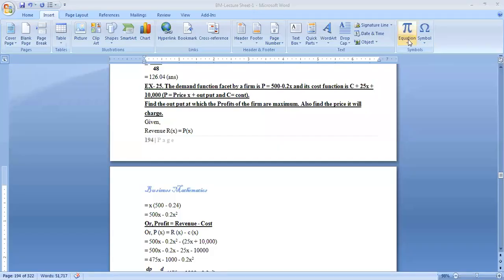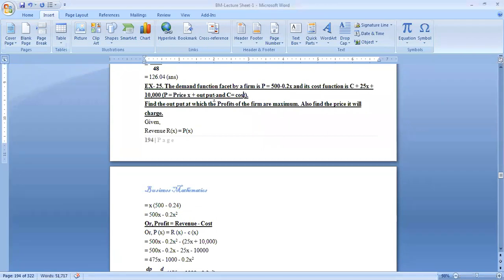Maximum minimum. Similar example: the demand function faced by a firm is p equals to 500 minus 0.2x, and its cost function is C equals to 25x plus 10,000, where p is the price, x is the output or number of units, and C is the cost.